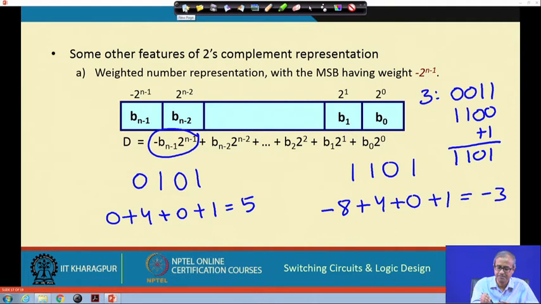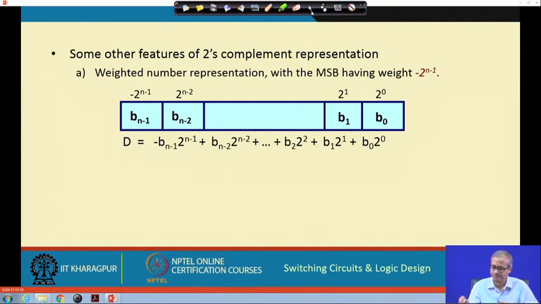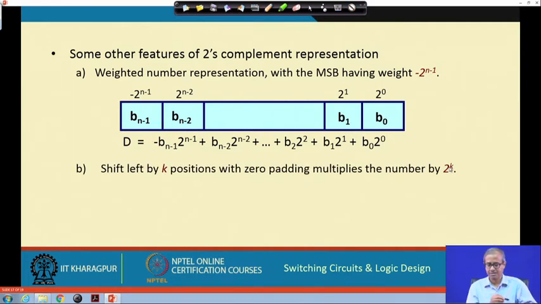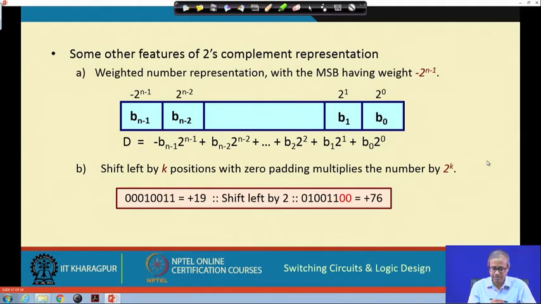Okay. The other interesting thing is that when you have 2's complement representation, if you shift left a number by k positions, this is equivalent to multiplying the number by 2 to the power k. Let us take some example. Let us say in 8 bit representation I am showing plus 19, this is 1, 2, 4, 8 and 16.